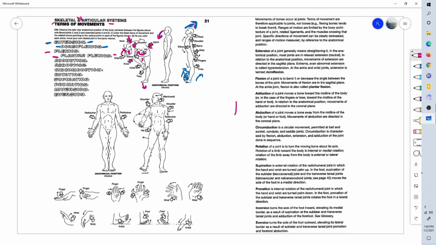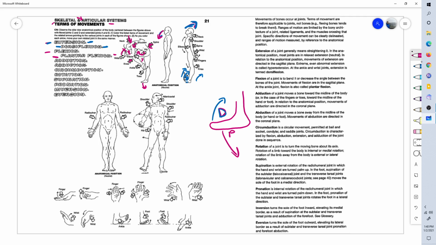So if this is your foot right here, it's got a dorsal surface here, and it's got a plantar surface here. So dorsiflexion is in the direction of the dorsum of the foot. Plantar flexion is in the direction of the plantar surface of the foot.